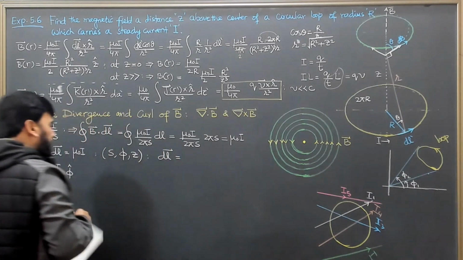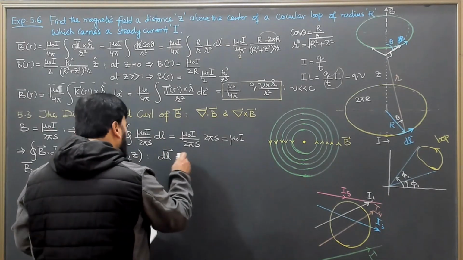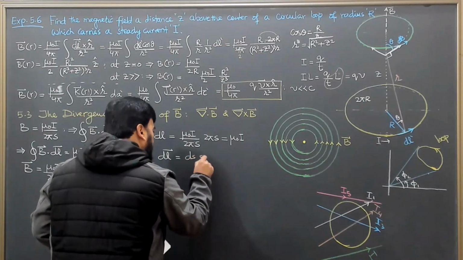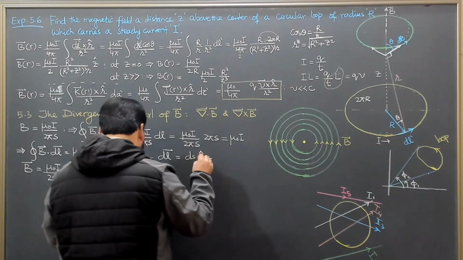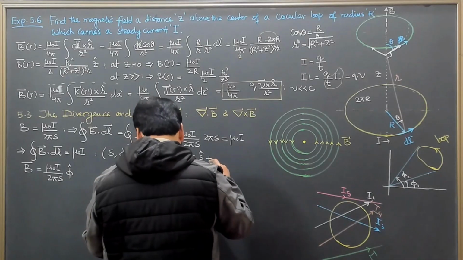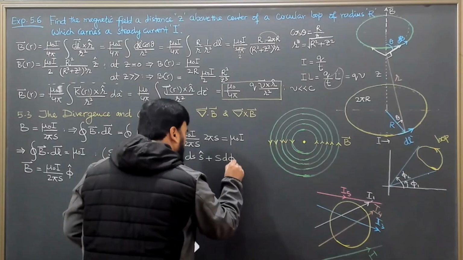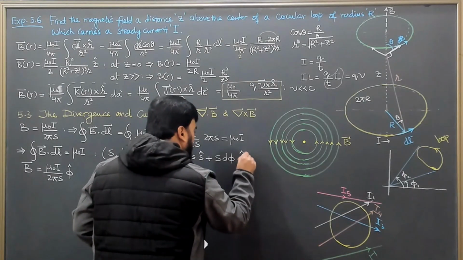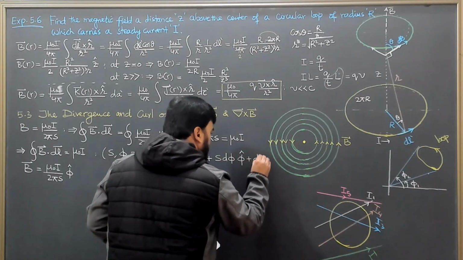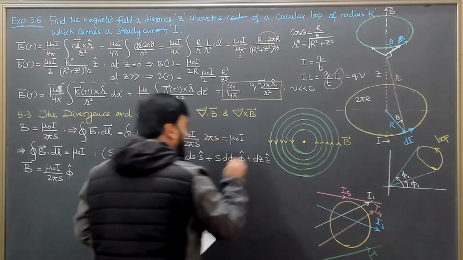The length element dl will be ds in the s unit vector, s d phi in the phi unit vector, and dz in the z unit vector.